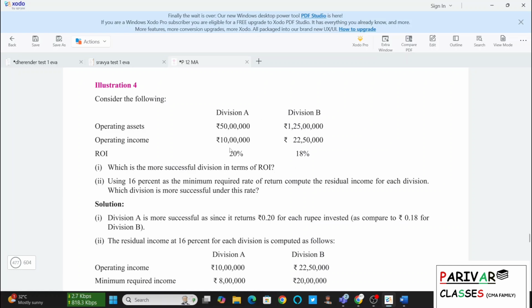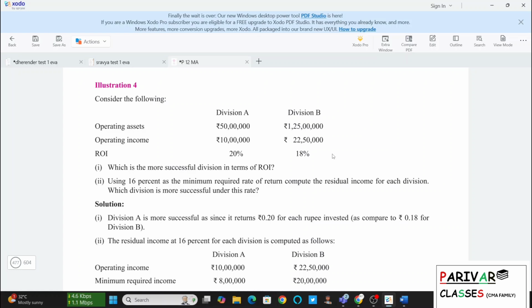By reading the question itself, we can answer which division is more successful based on ROI. Division A or division B? Division A, because division A has a higher rate of return of 20%, whereas B has 18% only.